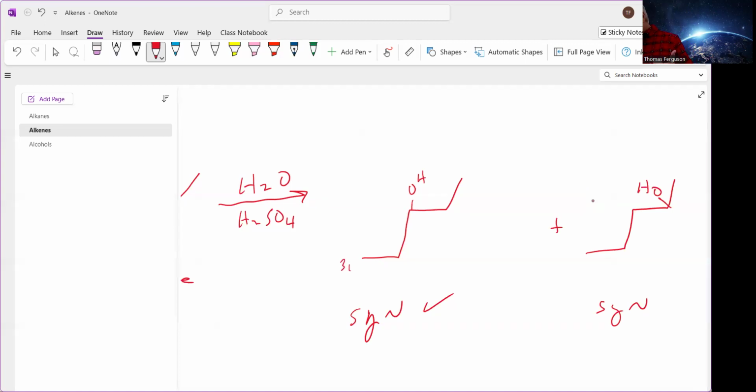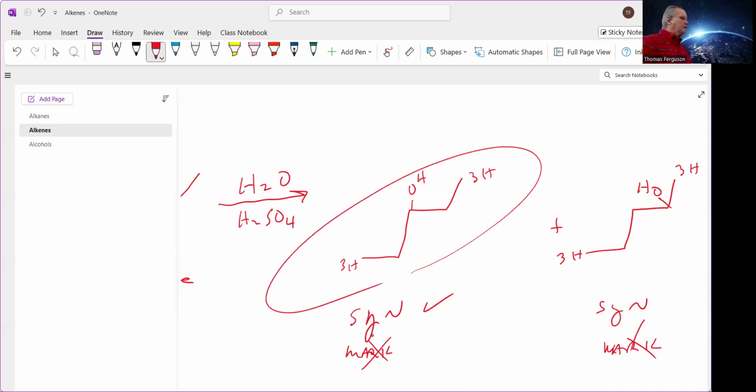Well, I got 3H, 3H, 3H, 3H. Markovnikov is equal, can't determine it. So the asymmetry, the one on the left, is more stable. Hence, we're going to get more of it. Got to circle that one.